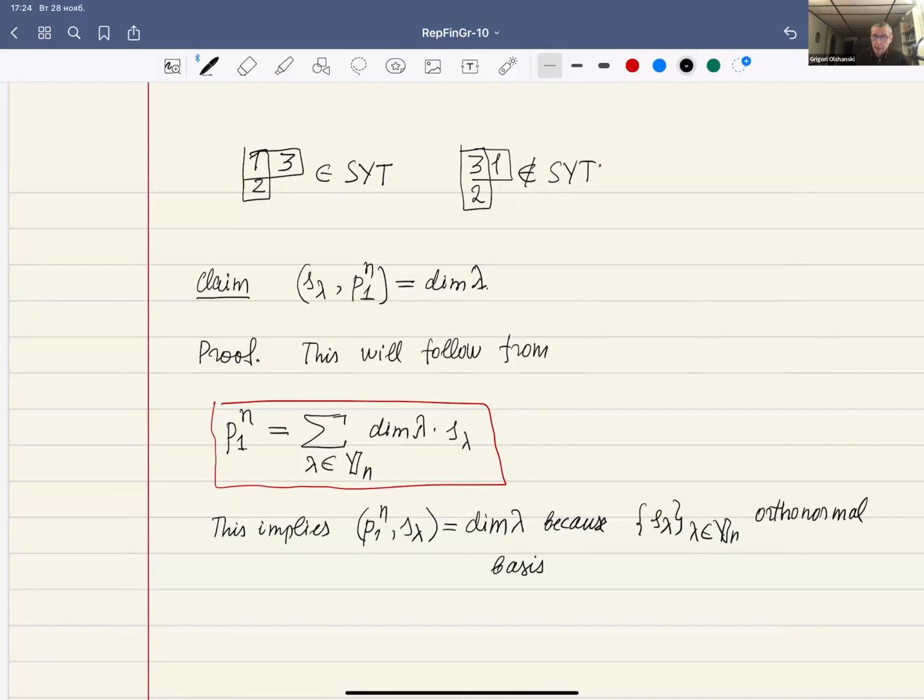So taking the scalar product from this relation, we can extract this coefficient by taking the scalar product with this basis function. Okay? So now we want to prove why this happens.